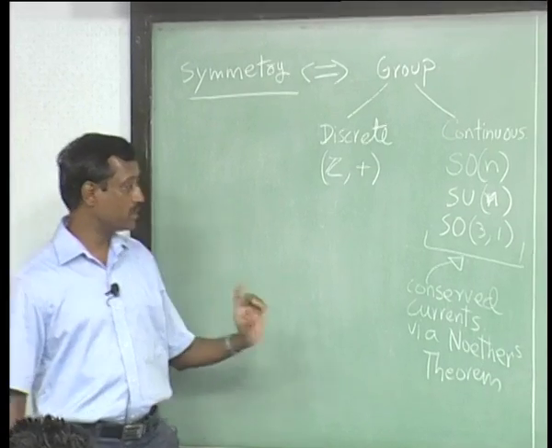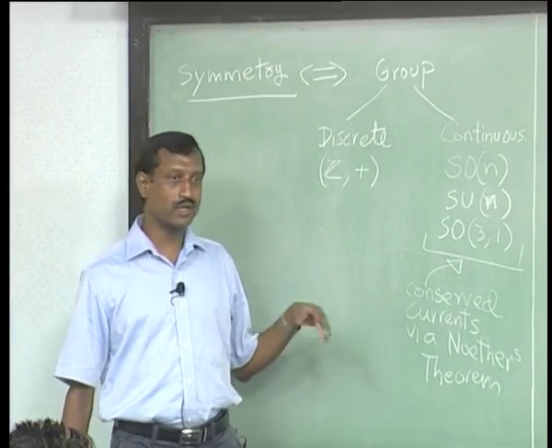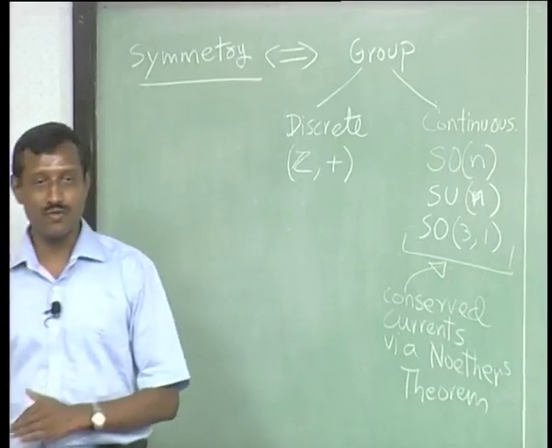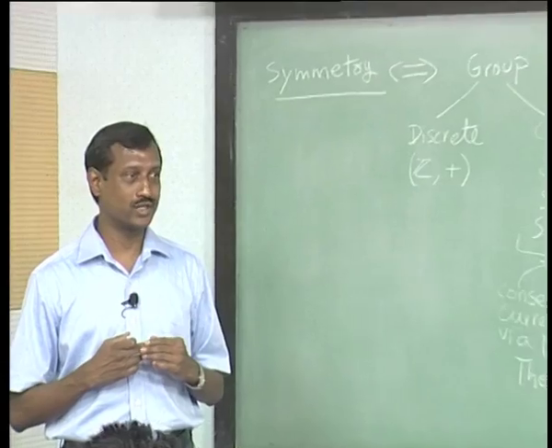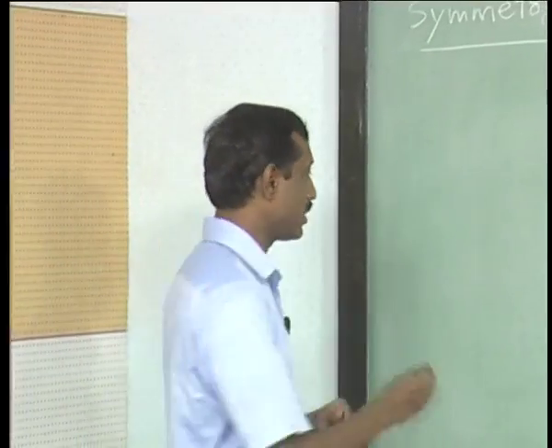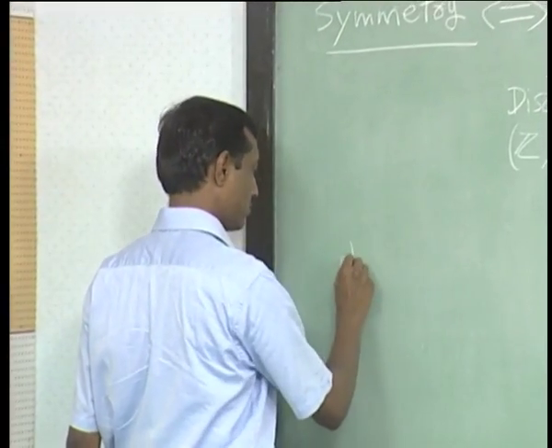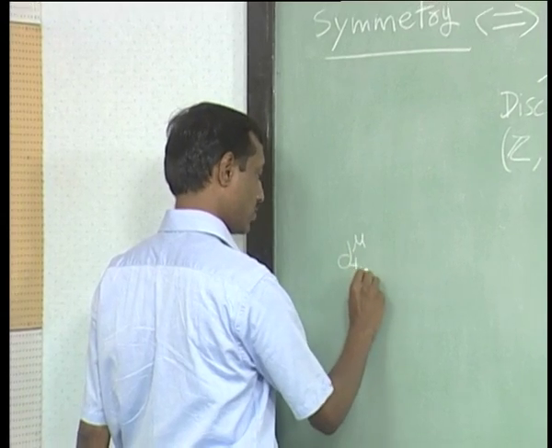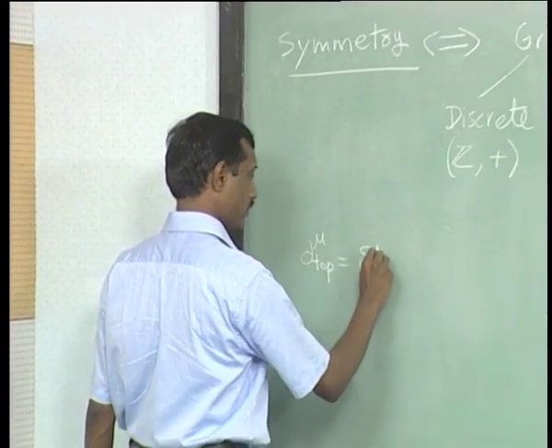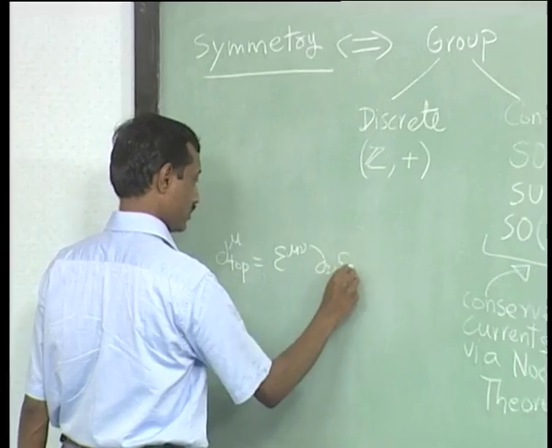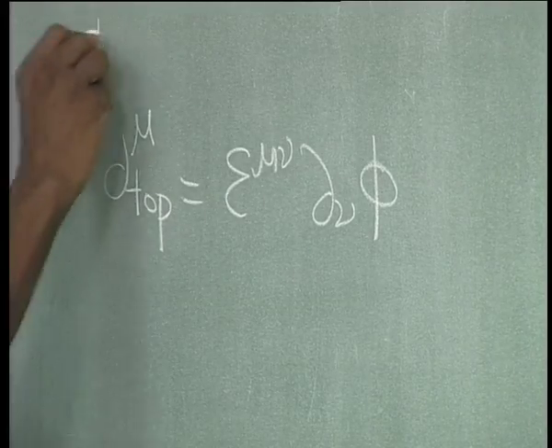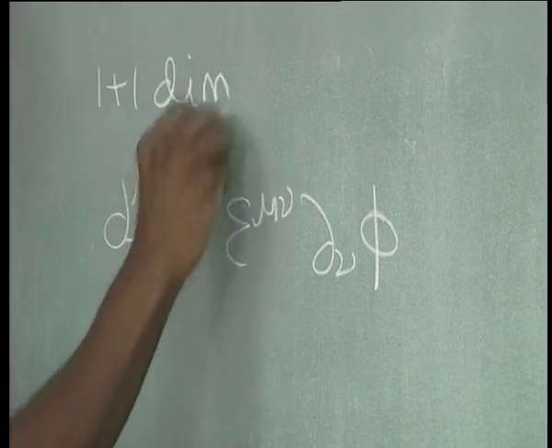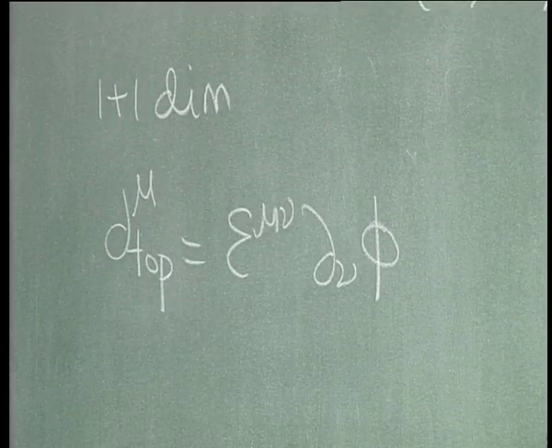We have also already seen that just because you have a conserved current, it does not necessarily follow that there is a continuous symmetry associated with it. We already saw one current which we call topological, which was in 1 plus 1 dimensions. This was a current which was trivially conserved in 1 plus 1 dimensions, of course, because of the Levi-Civita tensor in 1 plus 1 dimensions.